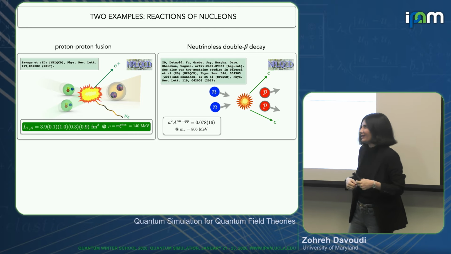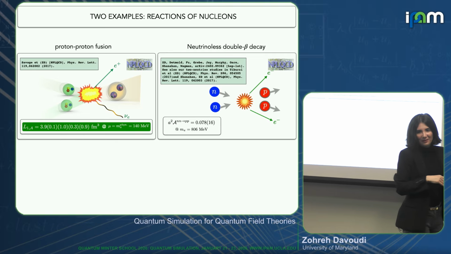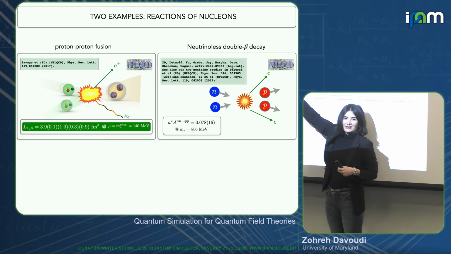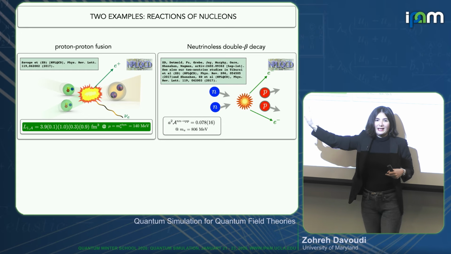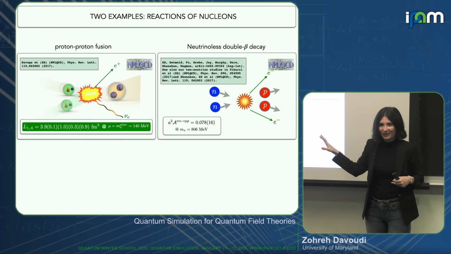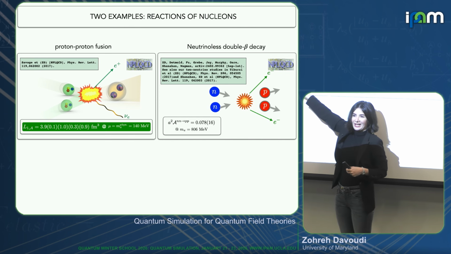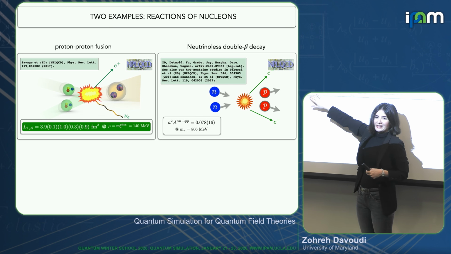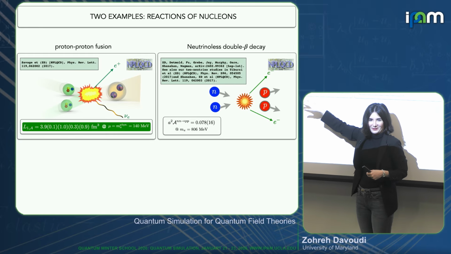So we have to use a lot of indirect ways and other probes, other methods in experiment to get a sense of what the coupling constants at the nuclear level are, and then turn that into predictions for solar modeling, for example. So there are huge uncertainties on the reaction for this process because of what I said. And with this Lattice QCD method, we're starting to lower those uncertainties, okay?